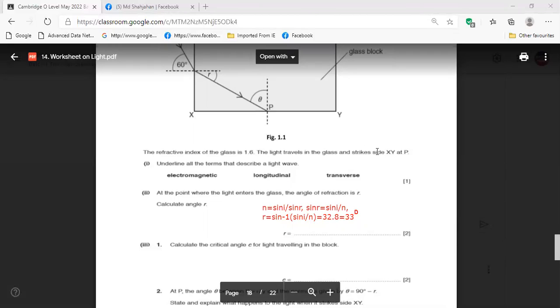Okay, now sir, Mahi. Question number 1 and question number 2 we gave as homework, right? Sir, I don't have my worksheet right now. I'm in someone else's room. I'm in someone's house.